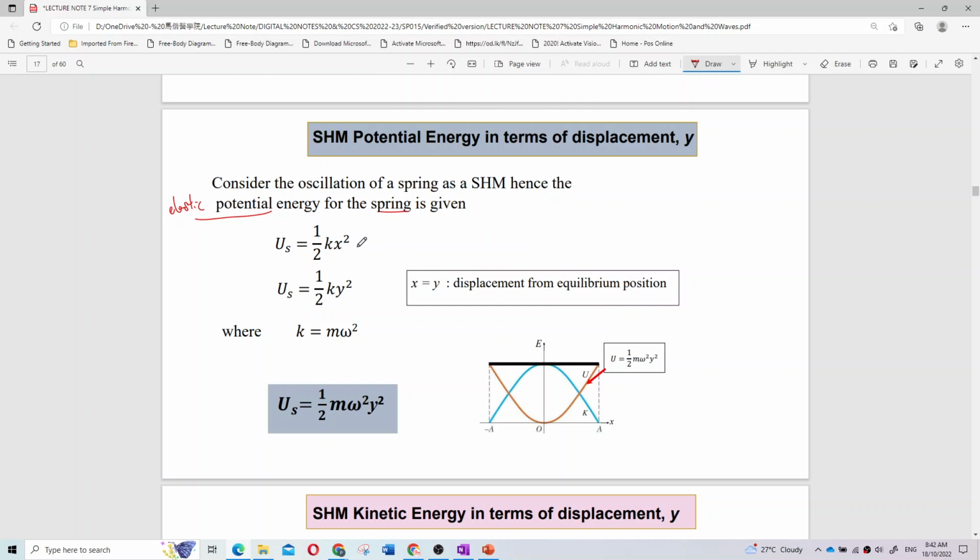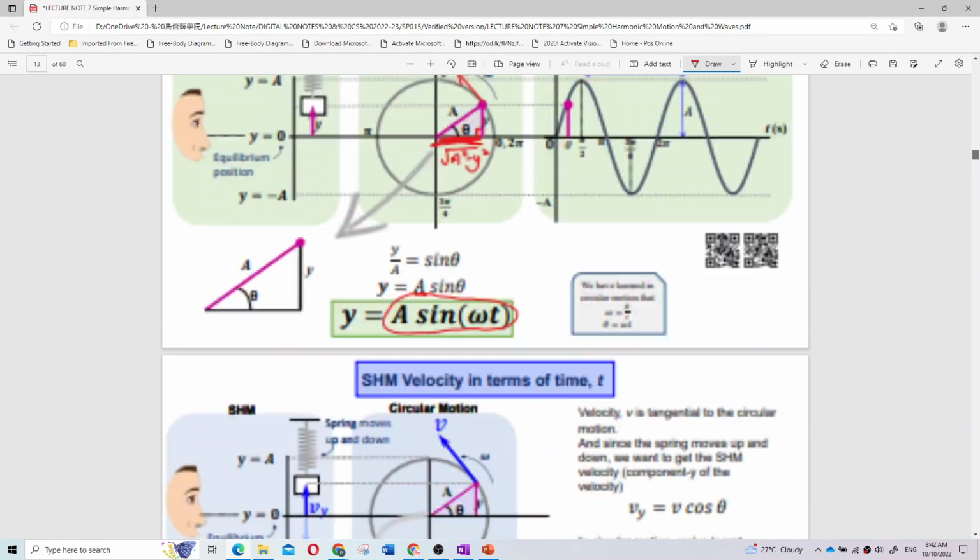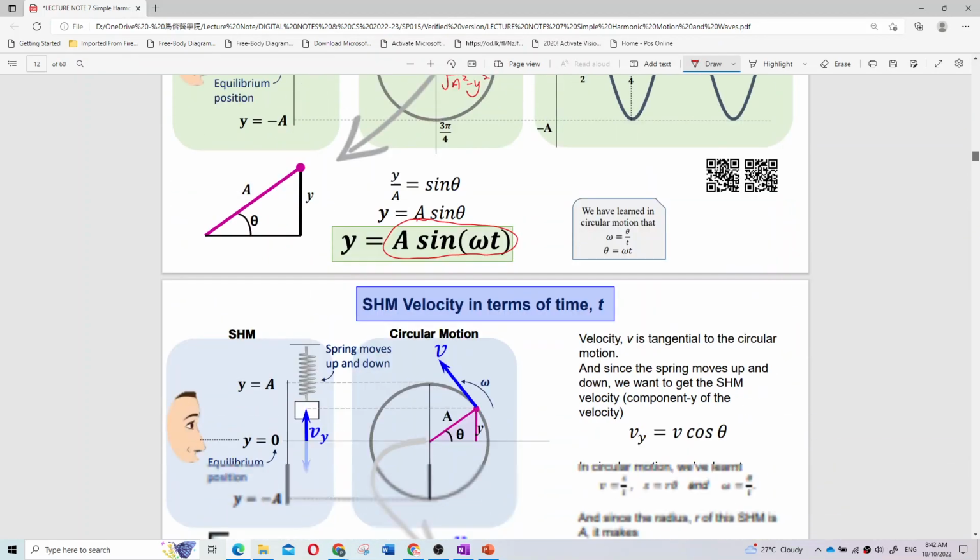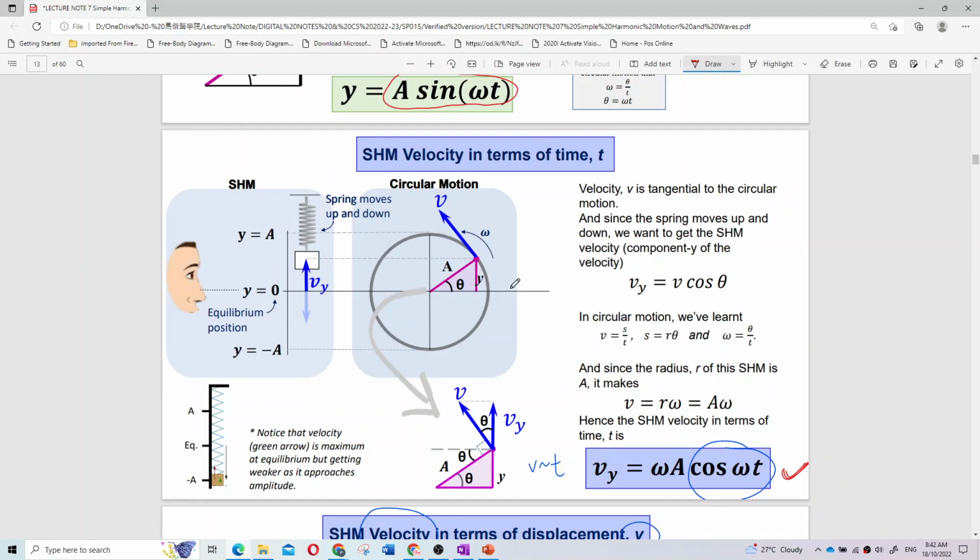But we use y, because the displacement is from equilibrium. Why do you use y? Because remember, it's the y component of amplitude.